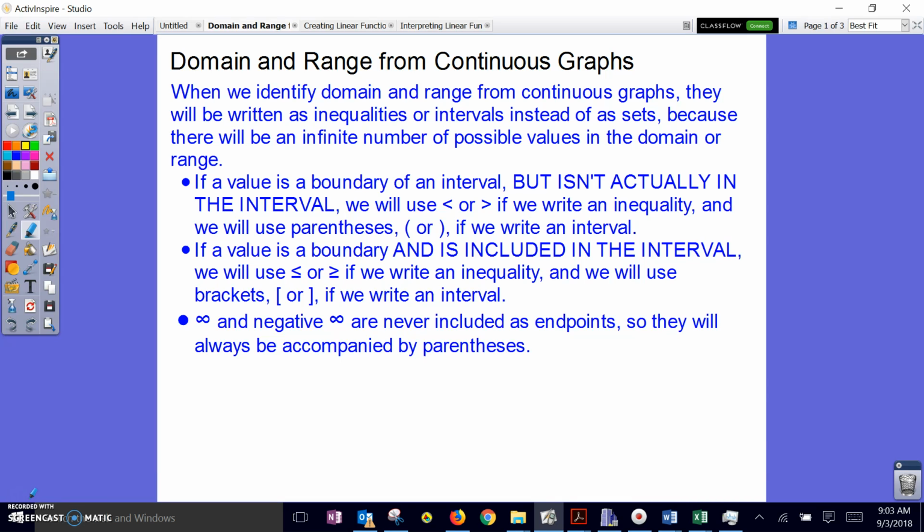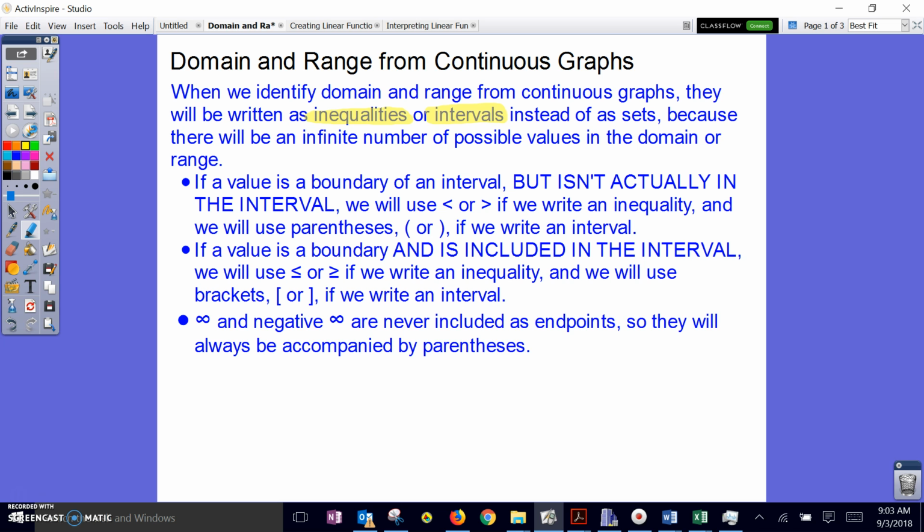And so when we write these, instead of writing them as sets of ordered pairs, we're going to write them as inequalities or intervals. And in this video, we're going to talk about both inequality notation and interval notation. I personally prefer interval notation, but some people like to write them as inequalities.